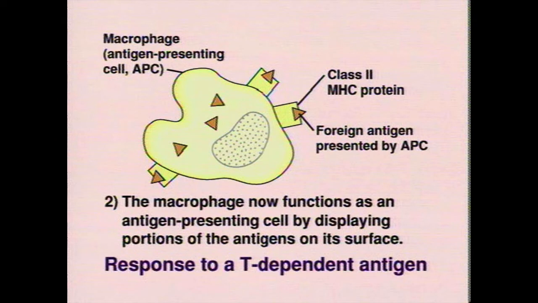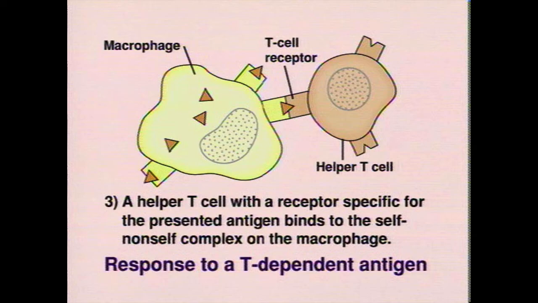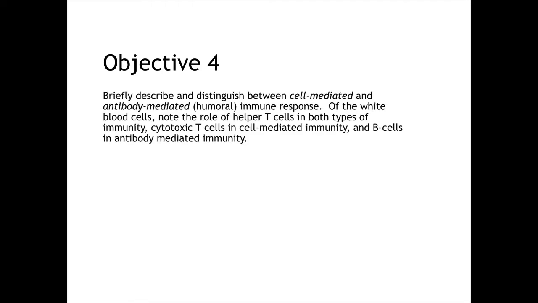So then that macrophage gobbles up little bits of that antigen, presents it on the MHC class 2 proteins, which are the kinds that we see on the antigen-presenting cells. So that's going to then cause the helper T cell to bind, and the helper T cell then is going to release cytokines that are going to stimulate the B cells and potentially the T cells.